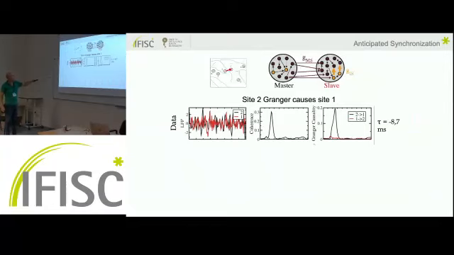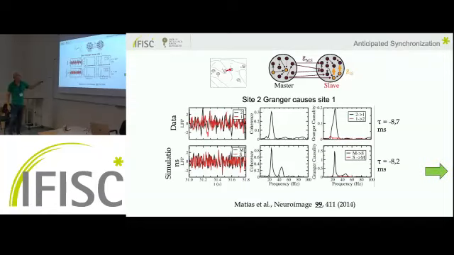This is the coherence function with a peak at the oscillation frequency, and this is the Granger causality, which indicates that the direction from 2 to 1 is large and from 1 to 2 is small, meaning that the information really goes from 2 to 1. But the delay in the activation time is minus 8 milliseconds, indicating that the population activates 8.7 milliseconds after this one. And this is what we get from our model.